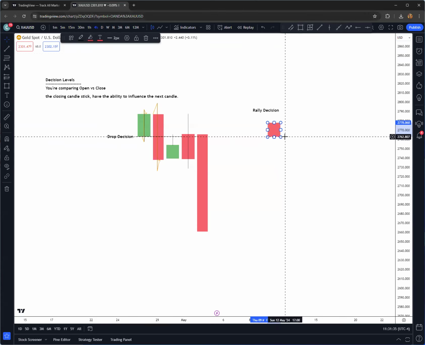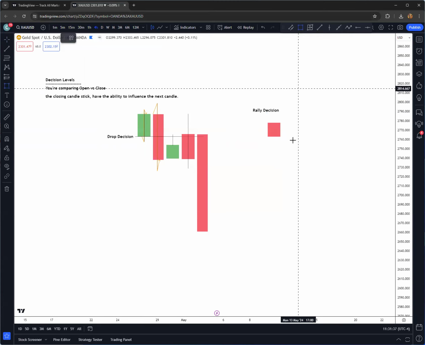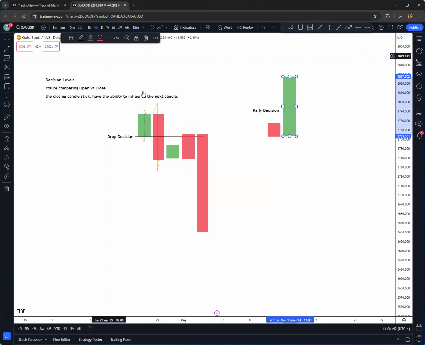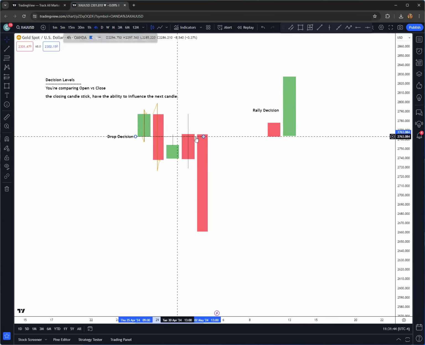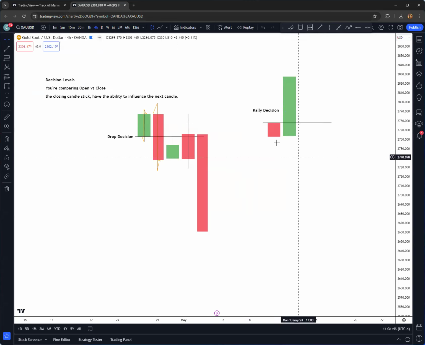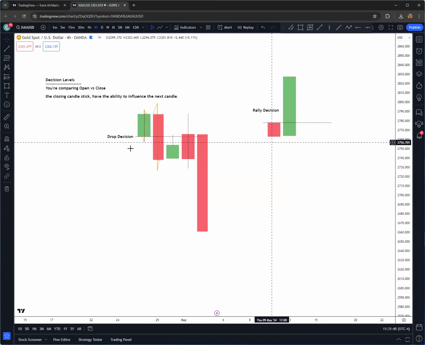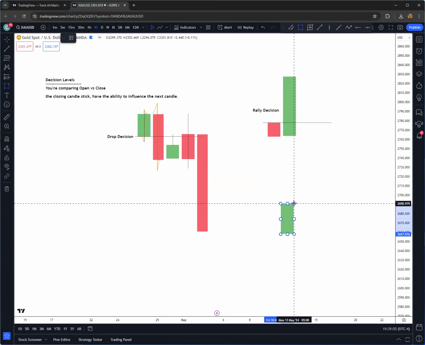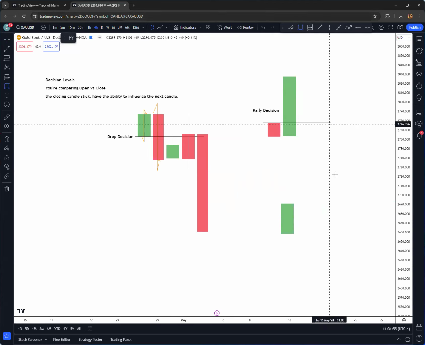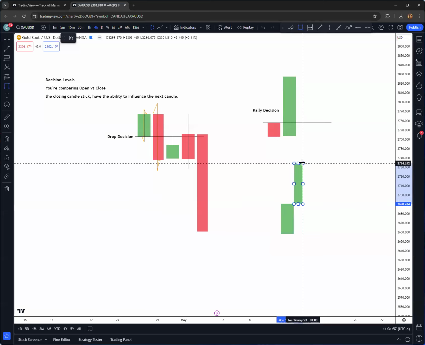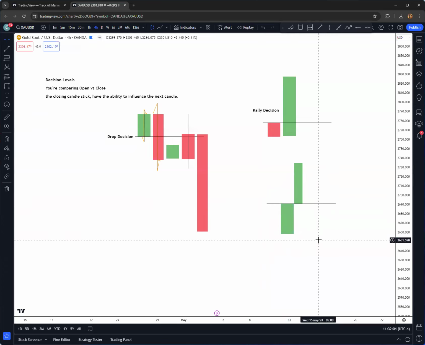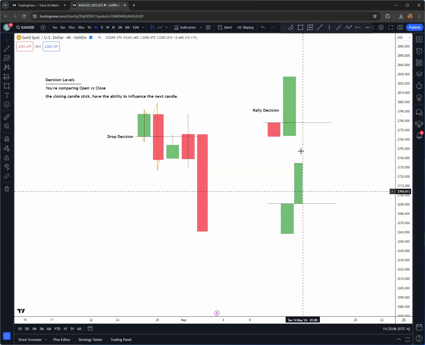And then you have something like this, and your decision level is right here. That's a rally decision. There's another variation of rally decision, which is this one. The decision level for this one is right in between the open. That's your decision rally.